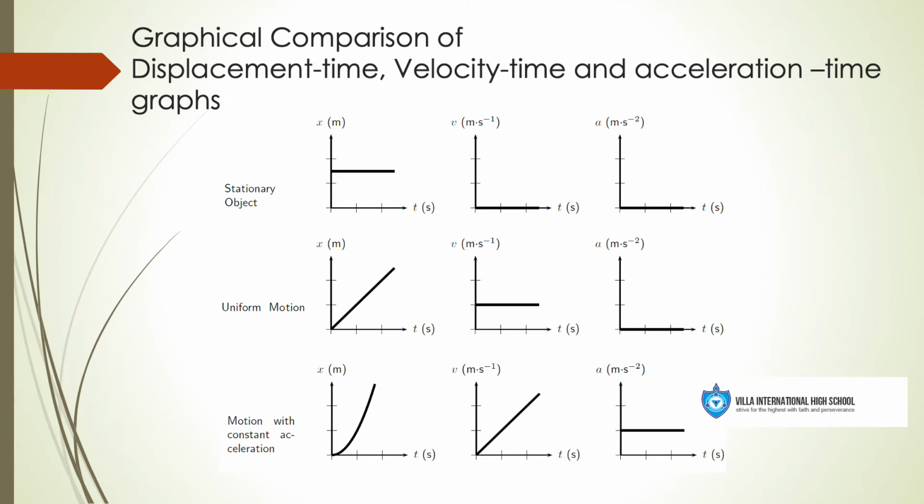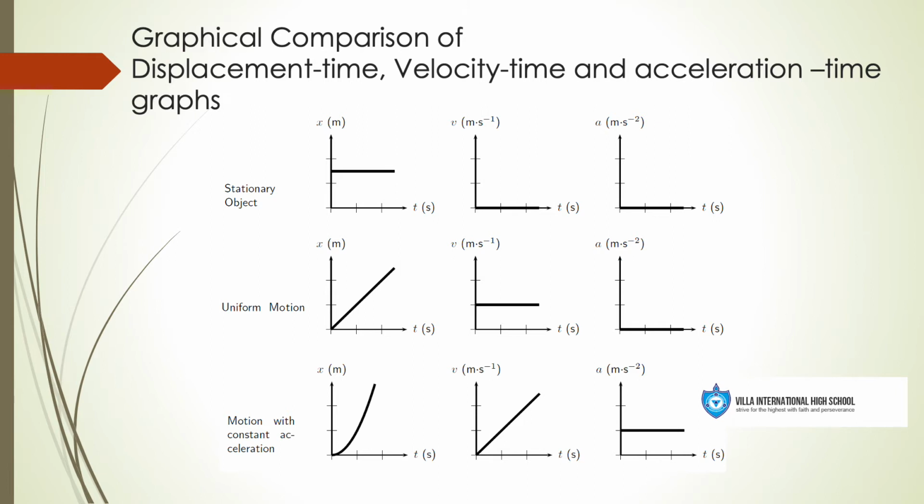Then motion with constant acceleration means there will be an acceleration. The displacement time graph is a curved graph. The curve represents there is an acceleration, the gradient is increasing, meaning velocity is increasing.